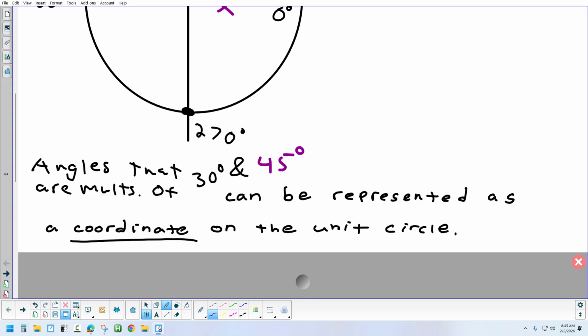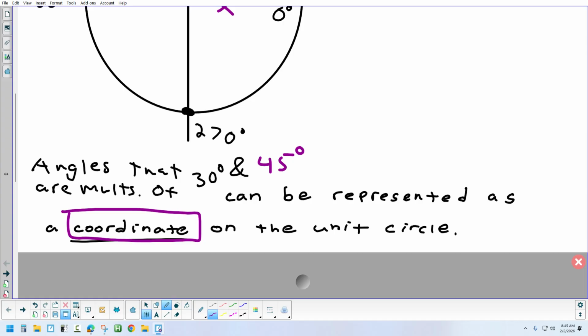So if we're working with angles that are not multiples of 30 and 45, this whole thing I'm showing you isn't the way to do it. If you're working with an angle that's like 12.4 degrees, for that, we're going to use a calculator. And this is the whole goal. If we can't figure out that coordinate, we're not going to be able to do unit circle trig.